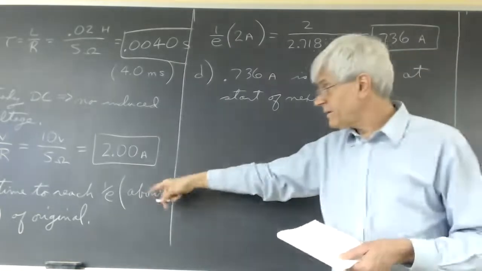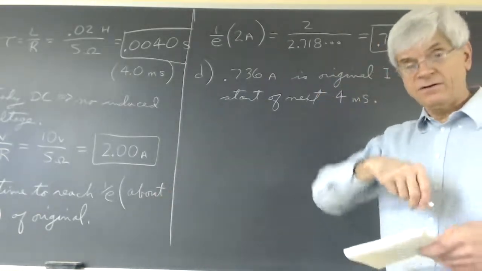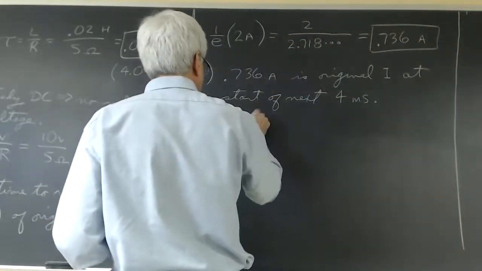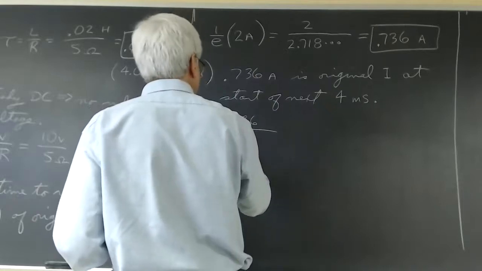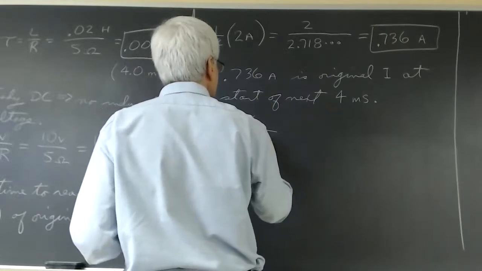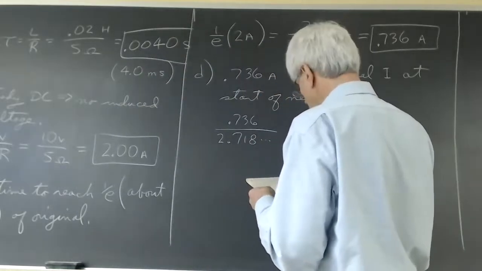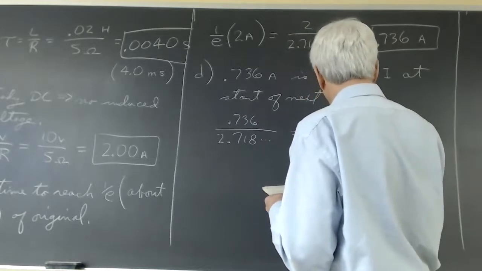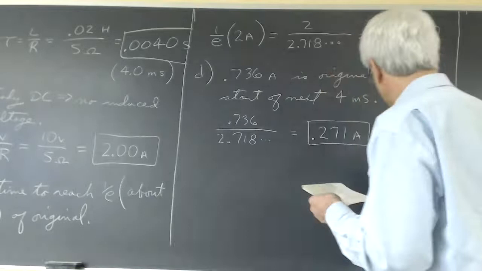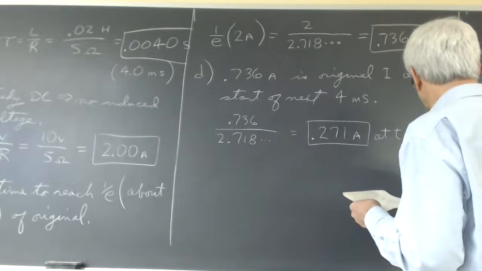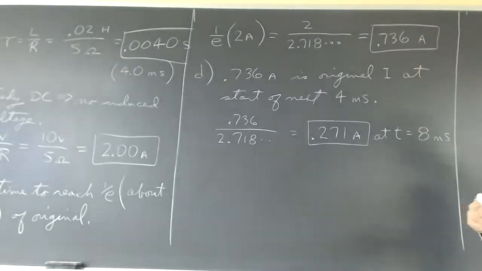And so just repeat the same process to find what the current is at the end of that 4 milliseconds. 0.736 divided by e again, and you've got 0.271 of an amp. And in case anybody's starting to lose track, that's the current 8 milliseconds after the switch was thrown.